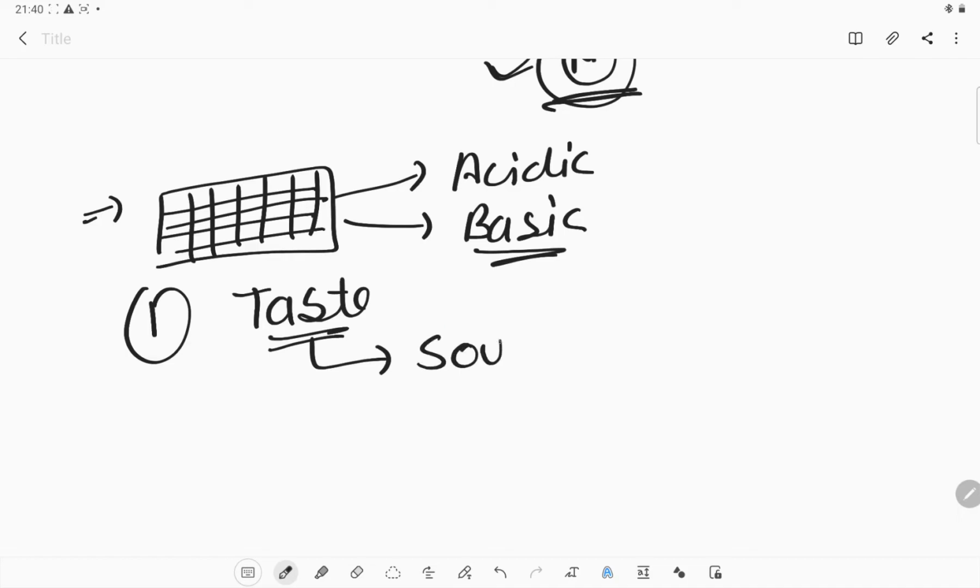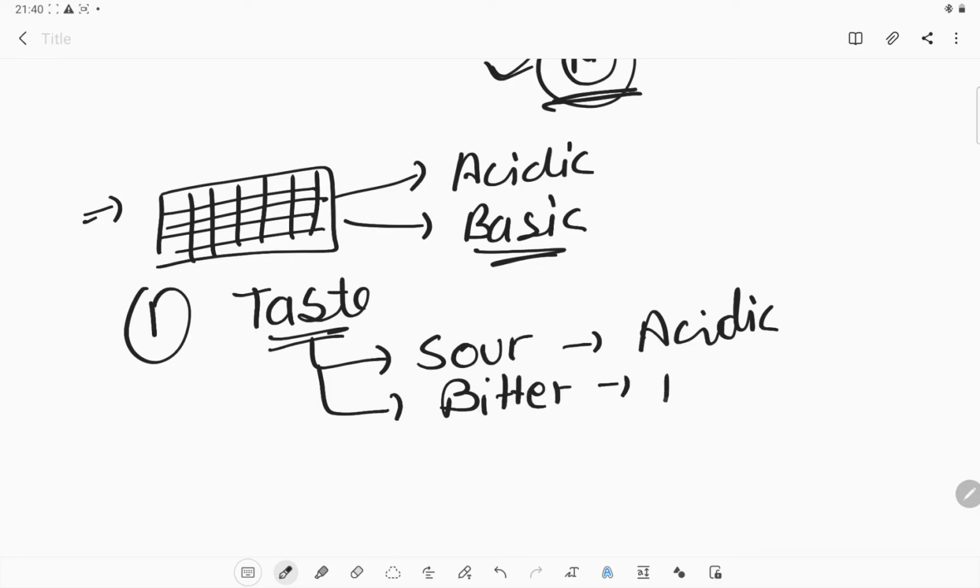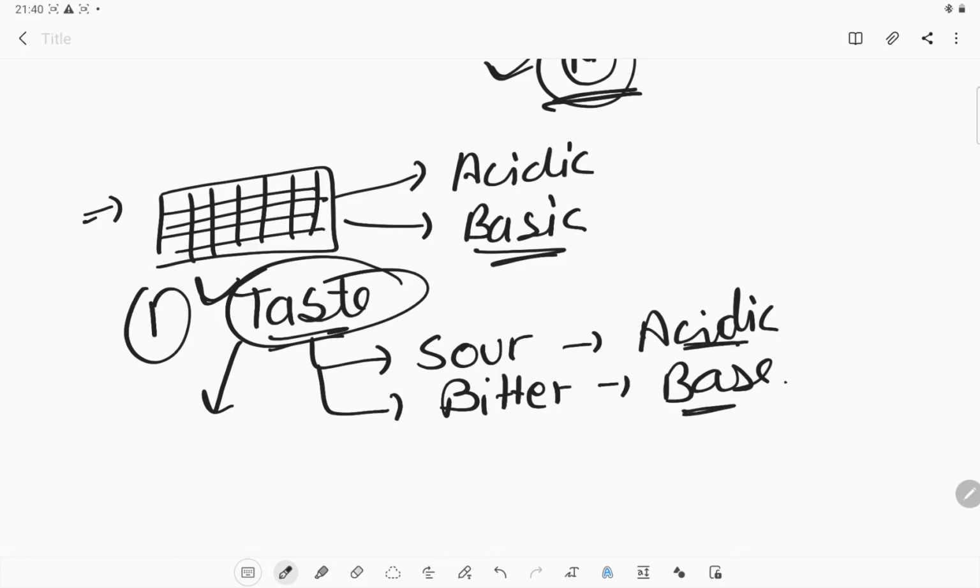If it tastes sour, that means it is acidic in nature, okay. But if the taste is bitter, that means it is a base. So naturally you can say that taste is a very good indicator. You can indicate whether a substance is acidic or basic.